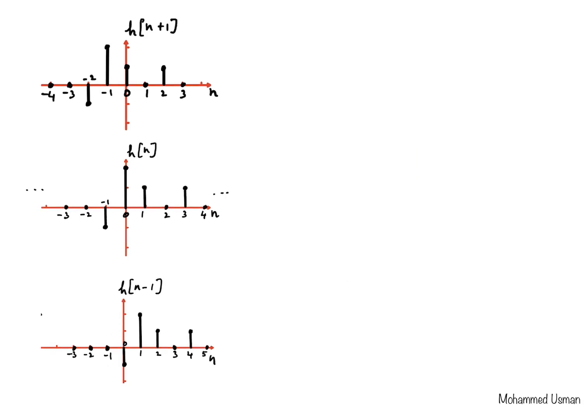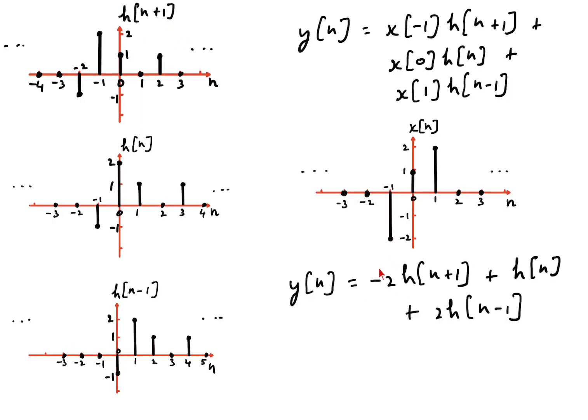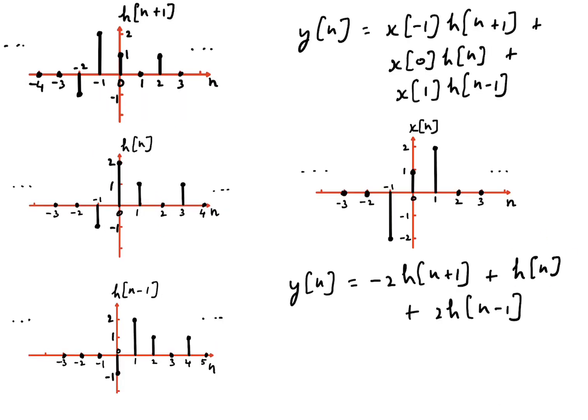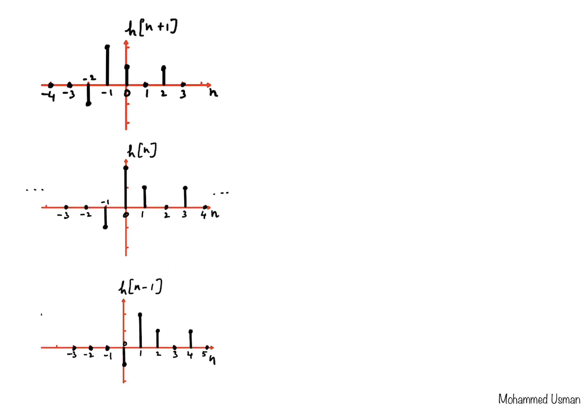So that means we are going to multiply h of n plus 1 with minus 2. We are going to multiply h of n with 1, which is this, and we are going to multiply h of n minus 1 with 2. So that is what we are going to do. So we'll take those multiplications and show the scaled versions of these shifted impulse responses.